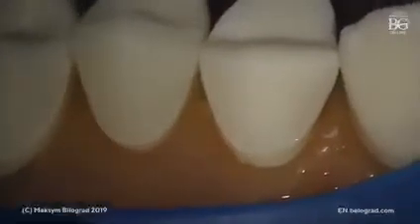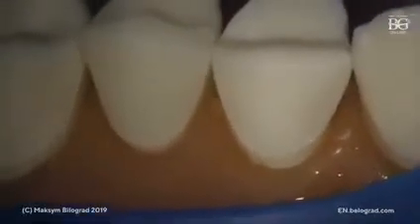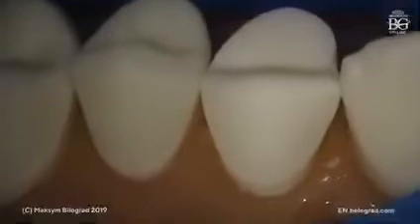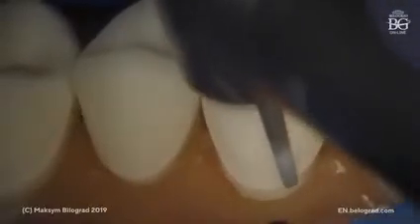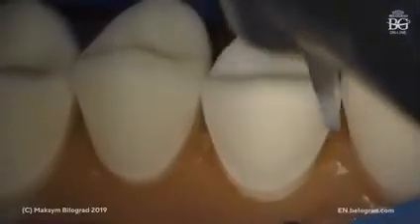Okay, and now finally the first premolar. Same, absolutely everything is the same. The only thing that I would like to draw your attention to would be the transition from facial surface to occlusal.